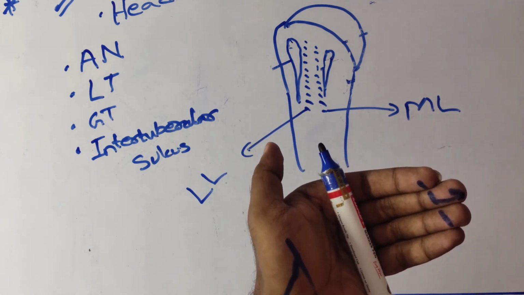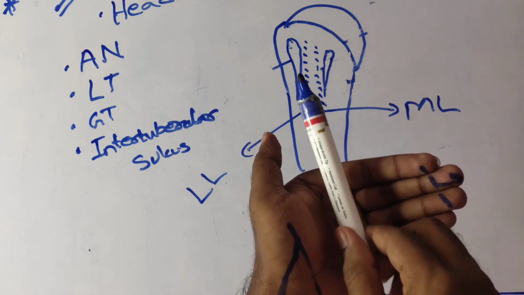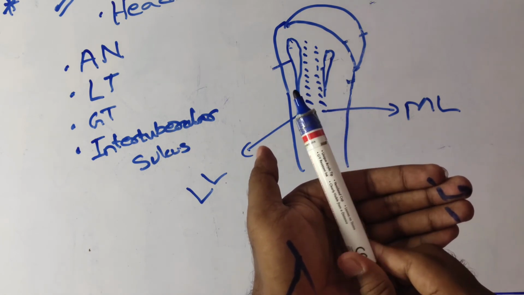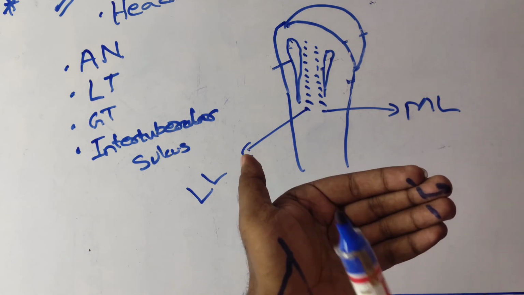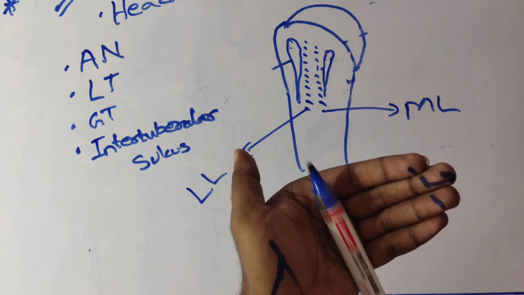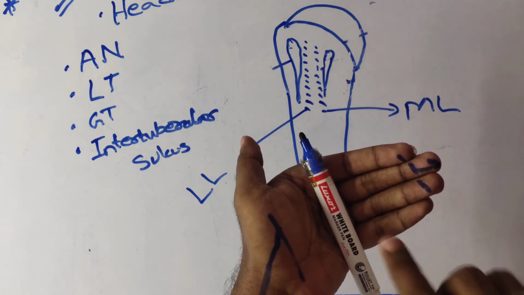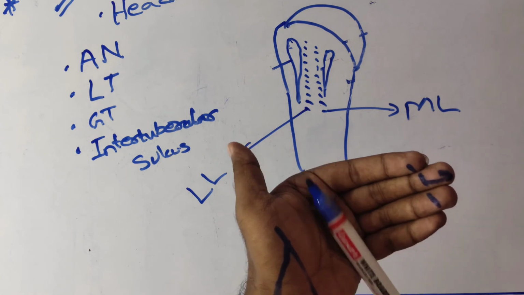From the intertubercular groove, nerves pass through this groove. Understood? Nerves and some tendons, the tendons which are helpful to form shoulder joint, also pass through this groove.